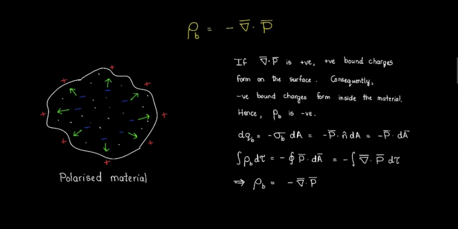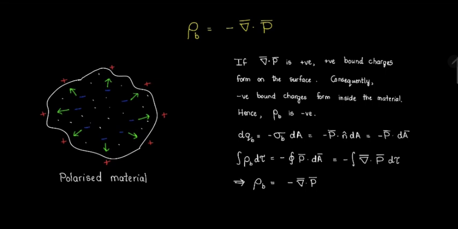So if all these positive charges are outside, it means an equal and opposite quantity of charges inside the material, because it was initially a neutral polarizable material.